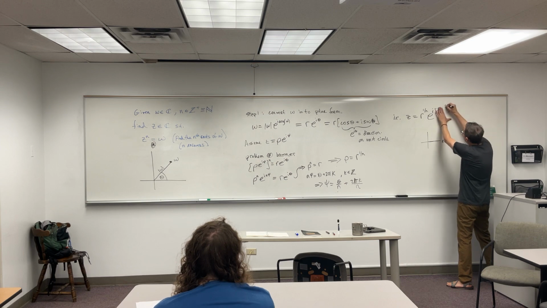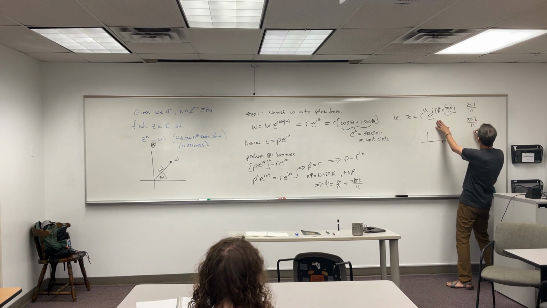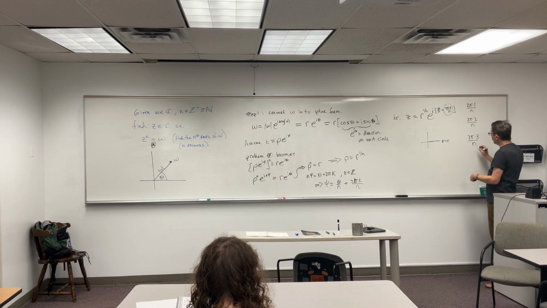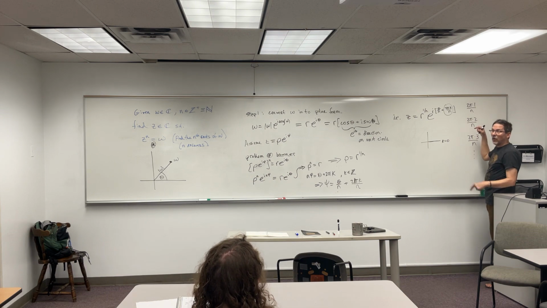So think of this. 2 pi k over n, what is that going to look like? It's going to be 2 pi times 1 over n, 2 pi times 2 over n, 2 pi times 3 over n. So we're just stepping by multiples of 1 over n. Where should I stop k at? At n, right? Or n minus 1.